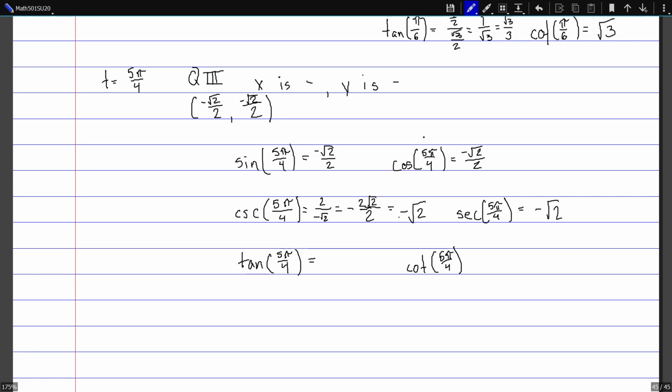So no matter how you want to write this quotient, negative square root of 2 over 2 divided by negative square root of 2 over 2, you're going to get 1 either way. Even if you flip it for cotangent and write it as cosine divided by sine, you're still going to end up with 1 as your final answer. So this is going to be the set of 6 trigonometric function values for our second of the 4 angles.